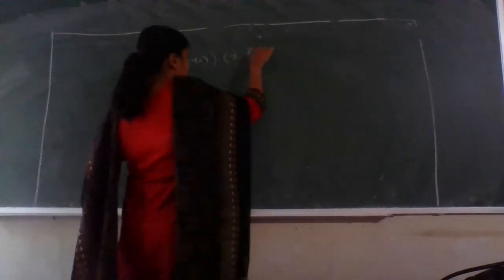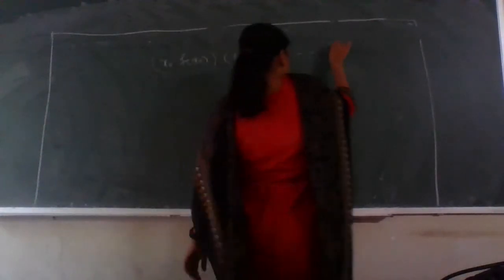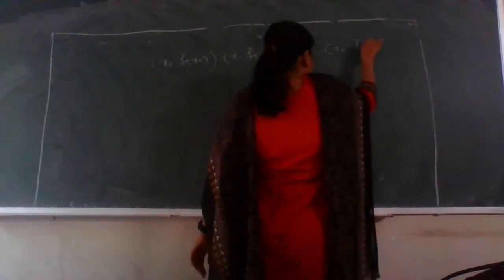Okay. So now, if I want to generalize the concept, that means if suppose you are the Lagrange's interpolation polynomial, if I want to write down if it is passing from n plus 1 point, that is x naught f of x naught, next is x1 f of x1 and so on up to xn f of xn.